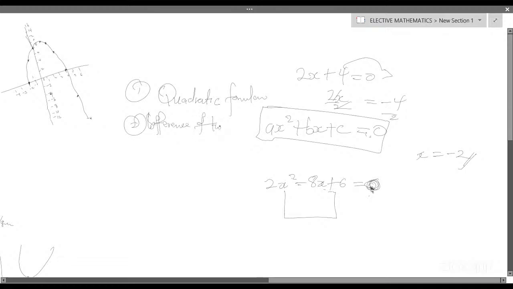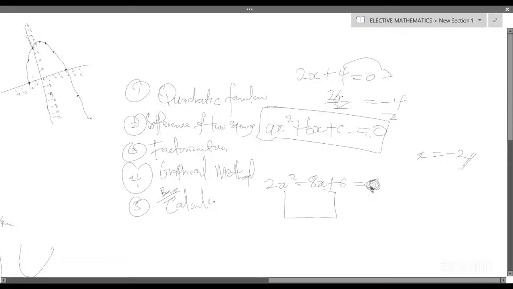Then we have factorization. And we have the graphical method. And of course, there's a way you can use the calculator. That is a bonus for you, and that is the easiest one.